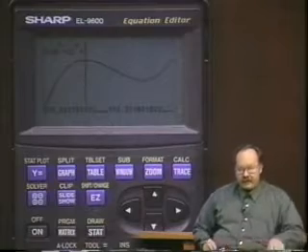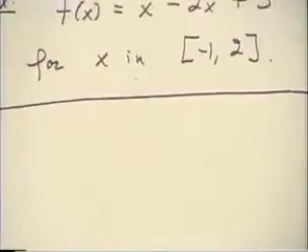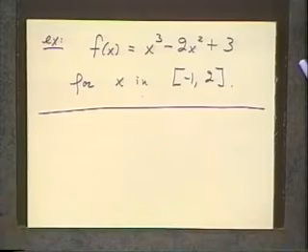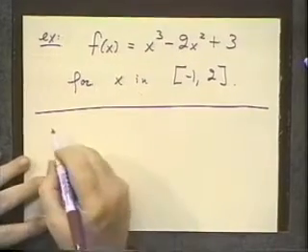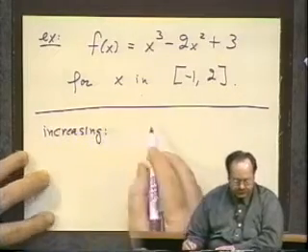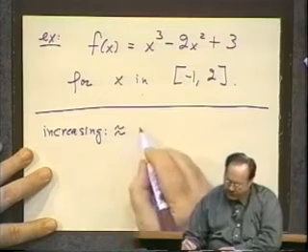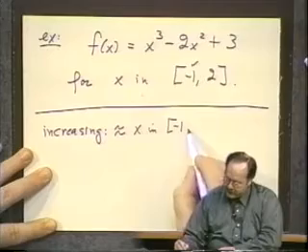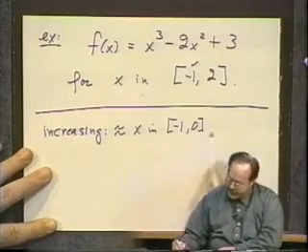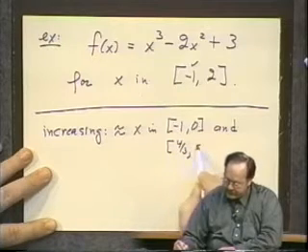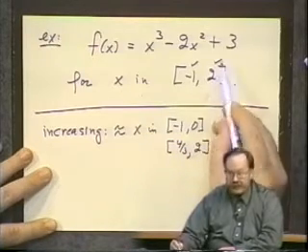So we'll move back from the calculator to the pad. Now here's the function that we were just looking at, and here's what we just learned. It looks like it is increasing approximately for x in the interval from -1, the left endpoint, to 0, and the interval from 4/3, roughly, to 2. 2 is the other endpoint.